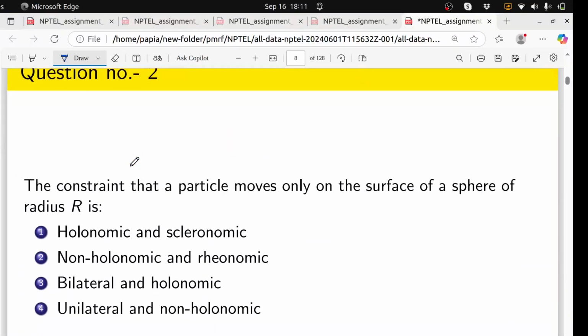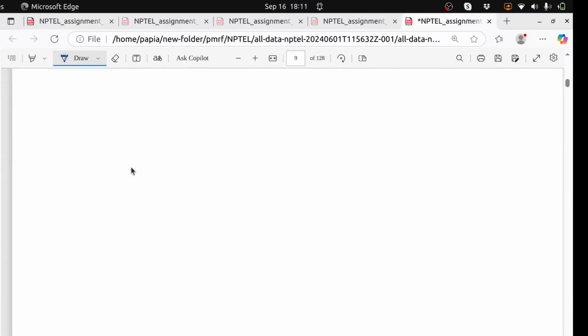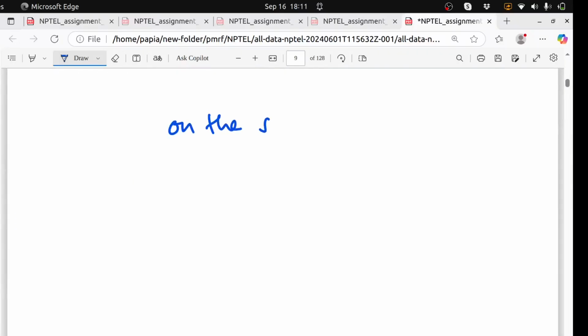Okay, now coming to question number 2: the constraint that a particle moves only on the surface of a sphere of radius r. So this is a sphere and the particle is constrained to move only on the surface. If the radius of the sphere is r, the particle should move on the surface of the sphere.